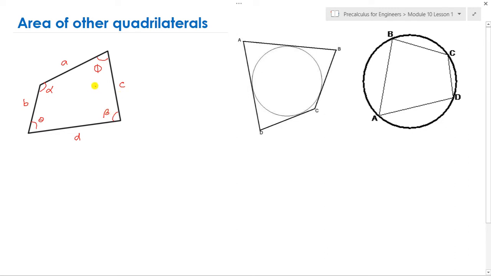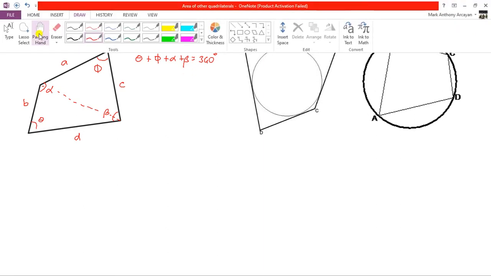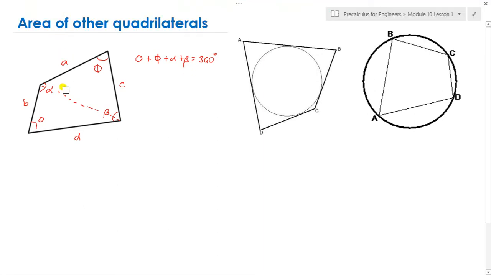Of course, the sum of these angles, that is theta plus phi plus alpha plus beta, is equal to 360 degrees. Why 360? Because if I divide this into 2 parts along its vertex, we get two triangles. And for each triangle, the sum of the angles is 180. So since there are two triangles, the sum is 360, because 180 times 2.